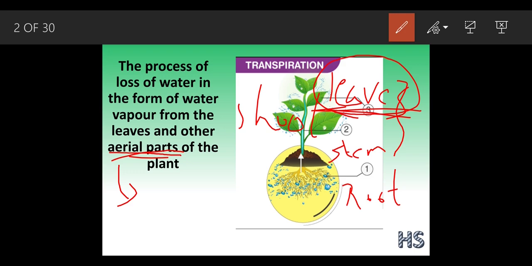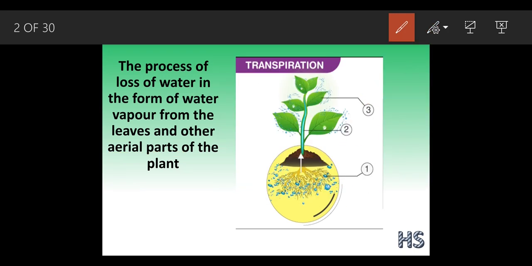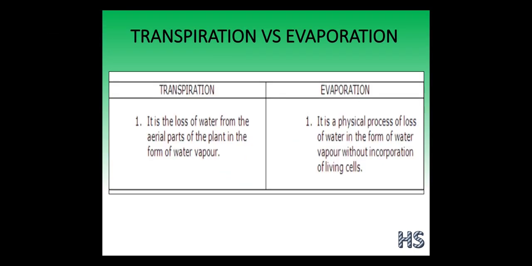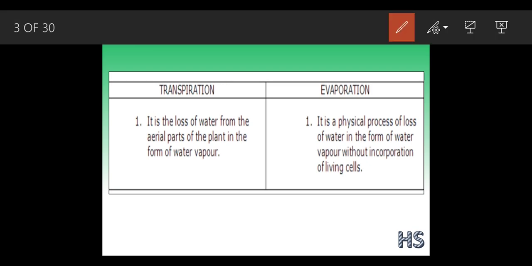Now we are going to discuss evaporation and transpiration. Can we use the word evaporation in plants? Certainly no. Why? Because transpiration occurs in a living cell, but evaporation is not associated with living cells.